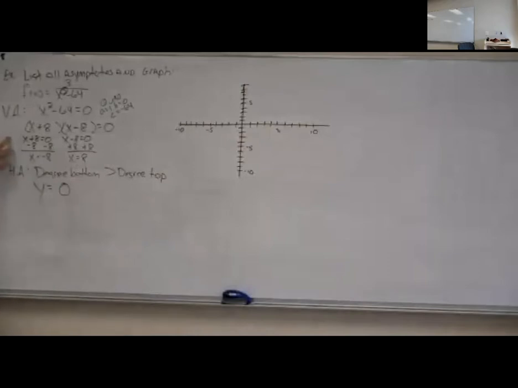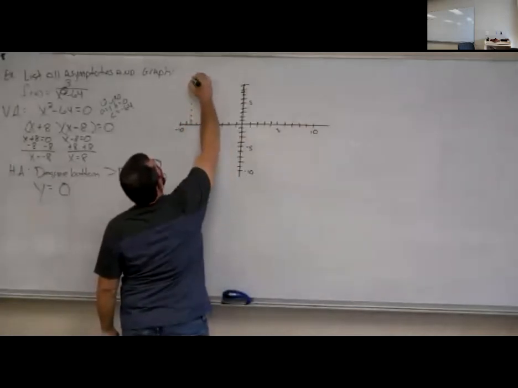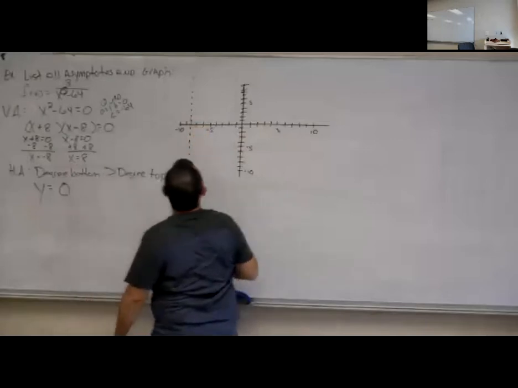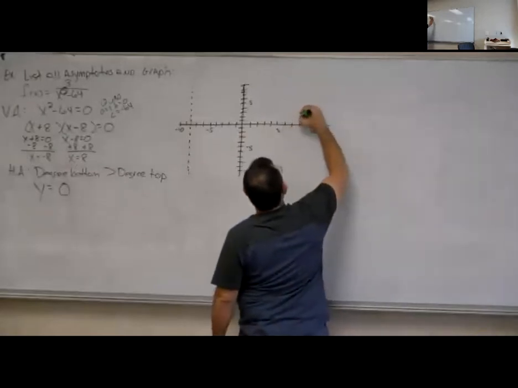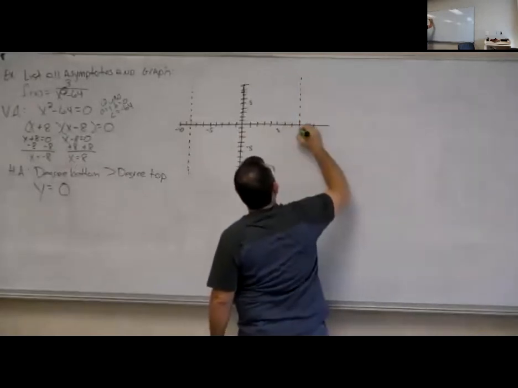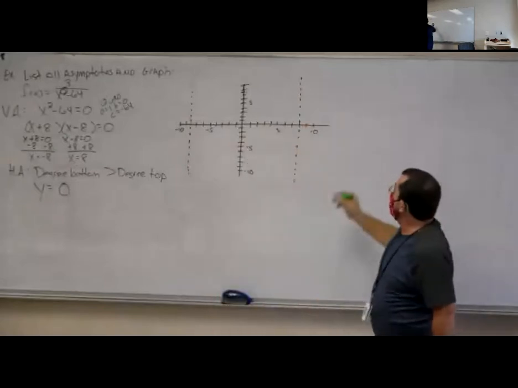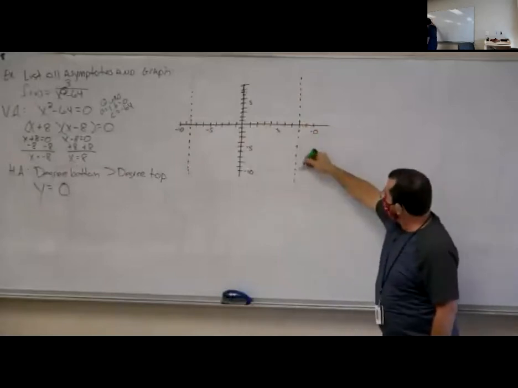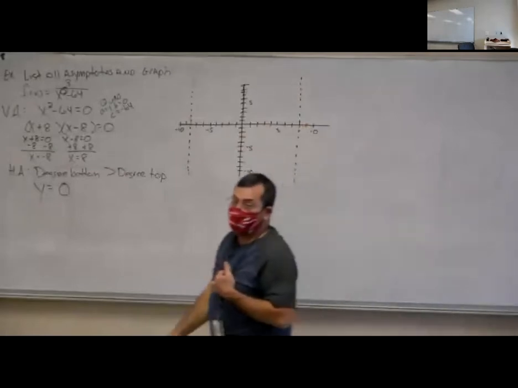I'm going to put a -8 and 8 on the x's, okay? So over here at x equals -8, I got a vertical line going up and down. And then I got one of them over here at +8. Now, my graph will not physically cross those lines. It's going to get close and try to cross it, but it's going to shoot down or up, depending on which direction we go, okay?